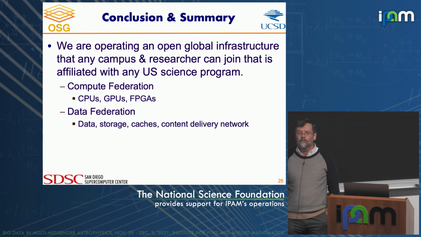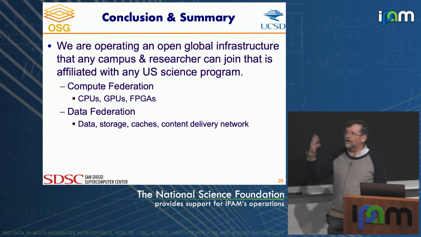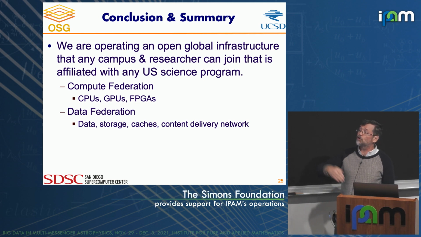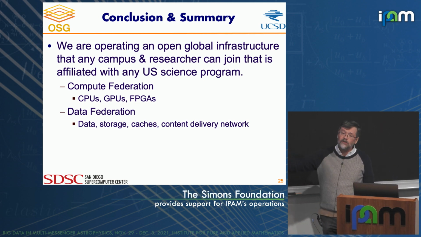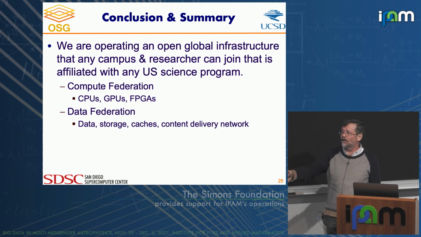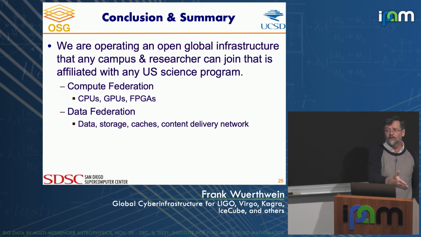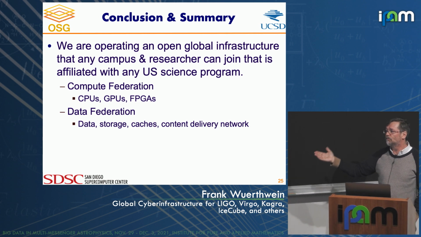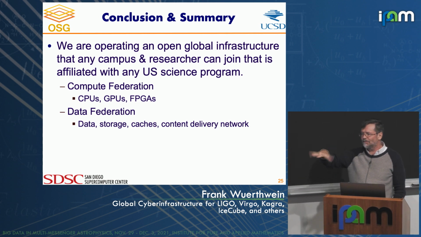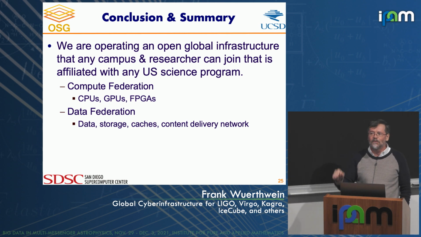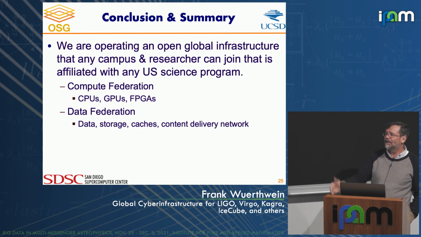For example, I've had requests from people in Latin America that want to join LIGO and want to join their resources to LIGO. That's fair game, because LIGO is a US-supported experiment. Similarly, if you have a collaborator in almost any country in the world, there are some iffy things, then we can make that happen. So we are ultimately about global collaboration.